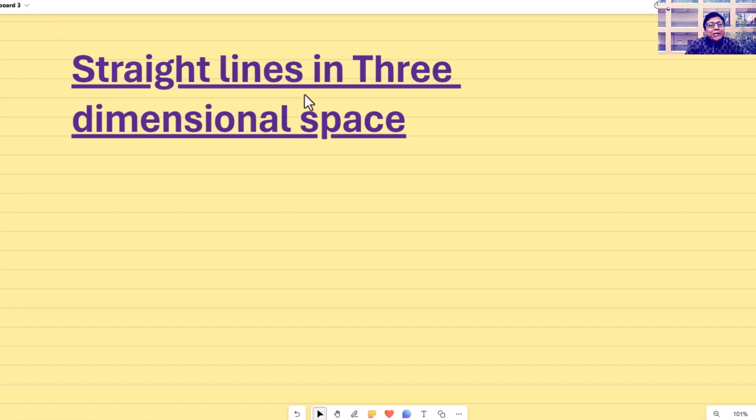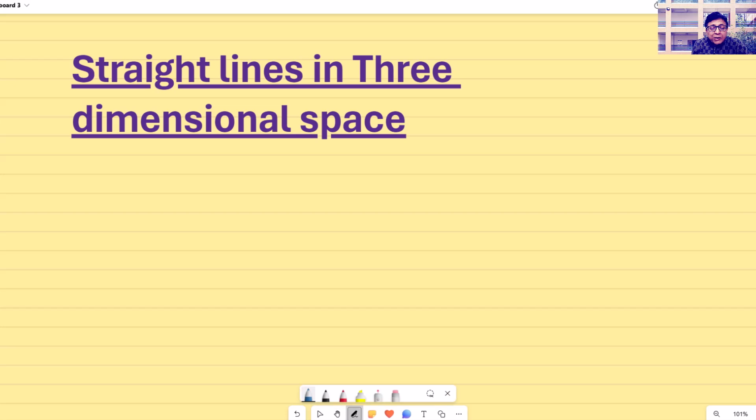So the locus of a point which moves in such a way that its direction in three-dimensional space is fixed is said to be a straight line. Okay? So we can find the equation of a line by knowing the direction of the line, which will be characterized by a vector in that direction, and a point on it.